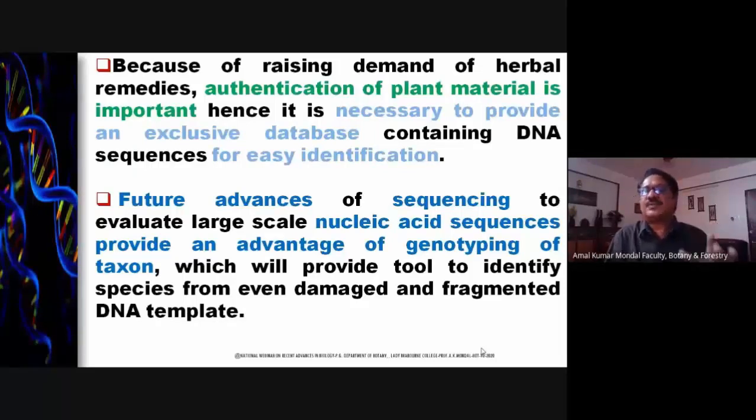Future advances of sequencing to evaluate large-scale nucleic acid sequences provide an advantage of genotyping of taxa, which will provide a tool to identify species from even damaged and fragmented DNA templates.